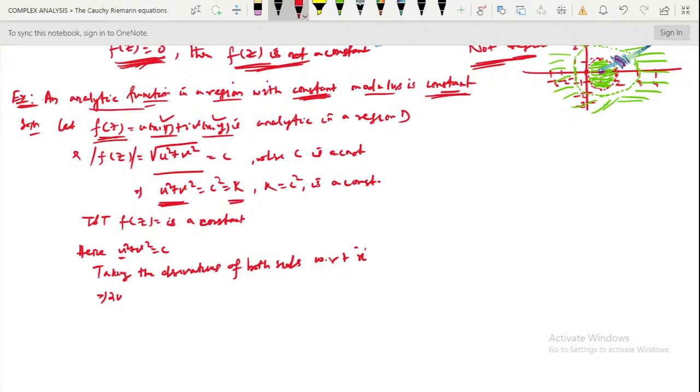So let this be your equation 3 and this your equation 4. I will remove either ux or uy. Suppose this is uy and this is uy, I can remove it, so I will multiply equation 3 with u.